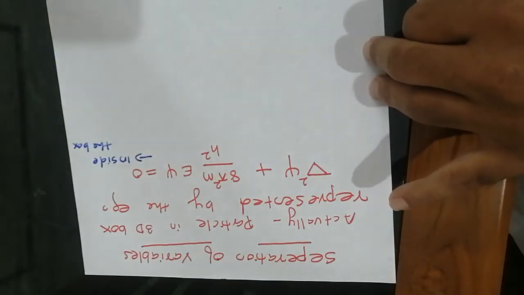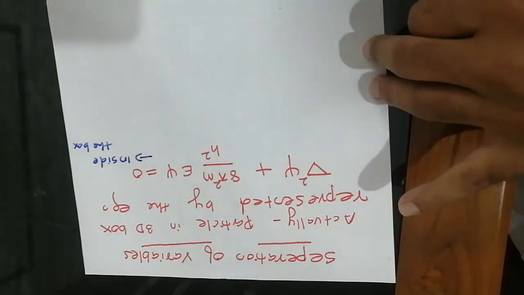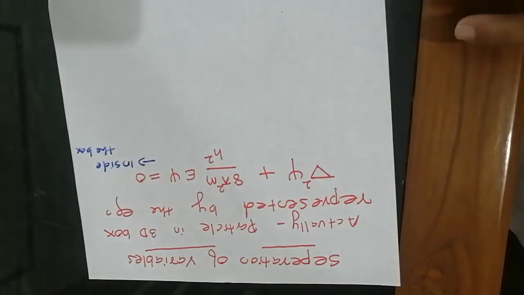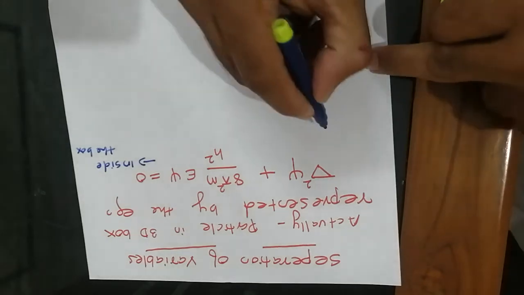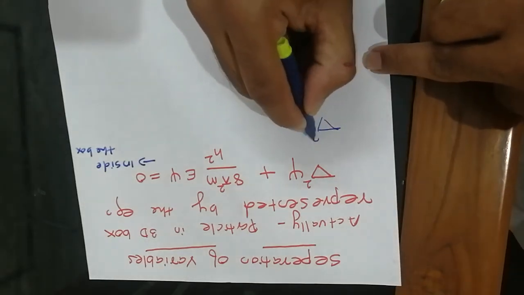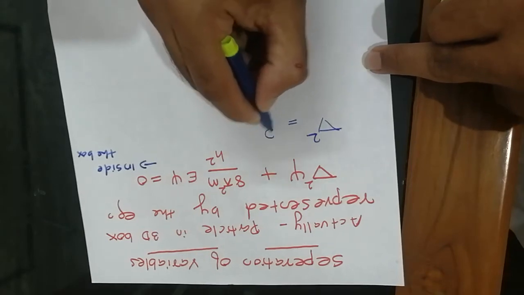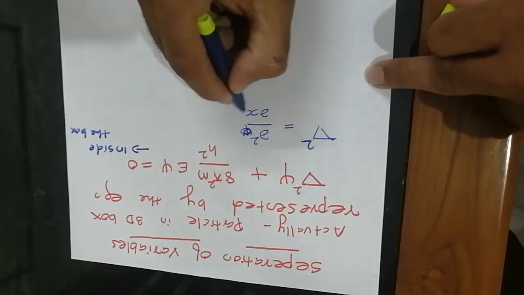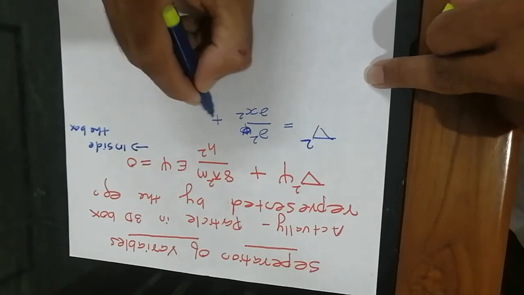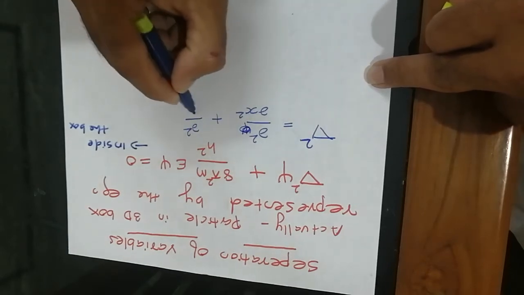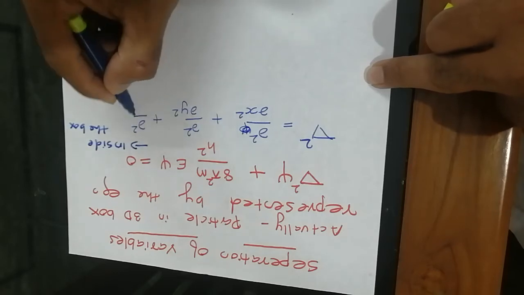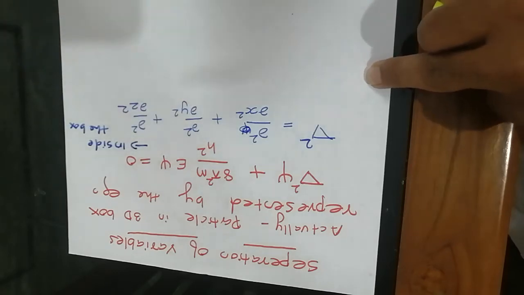Yesterday I told you that outside the box psi is equal to 0. Therefore, this is for inside the box. Here del square, the Laplacian operator, is equal to dou square by dou x square plus dou square by dou y square plus dou square by dou z square.